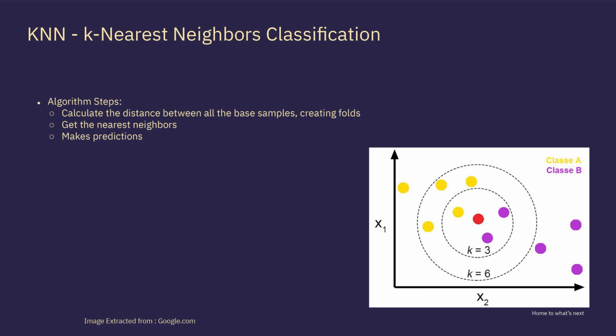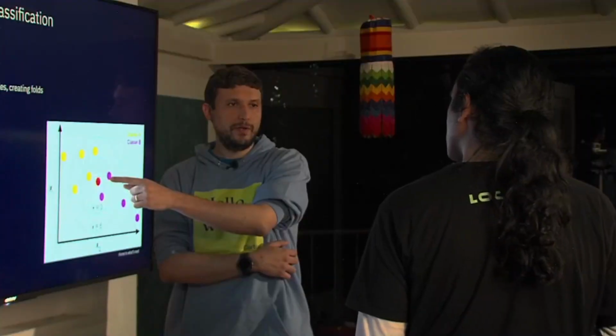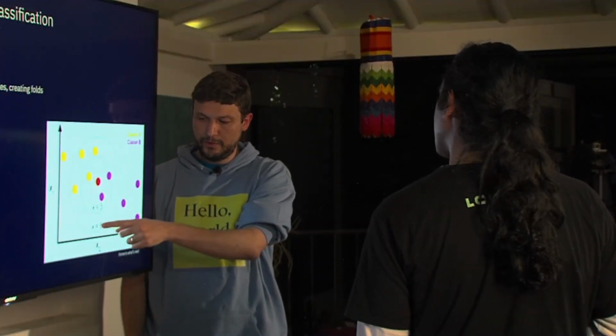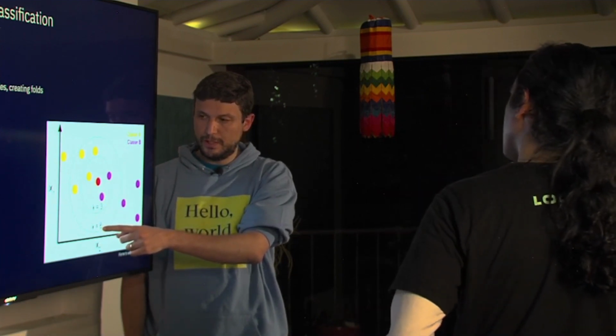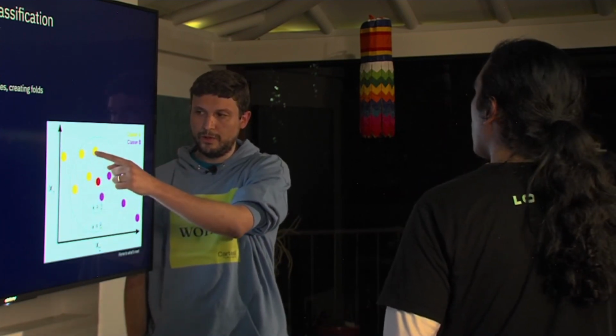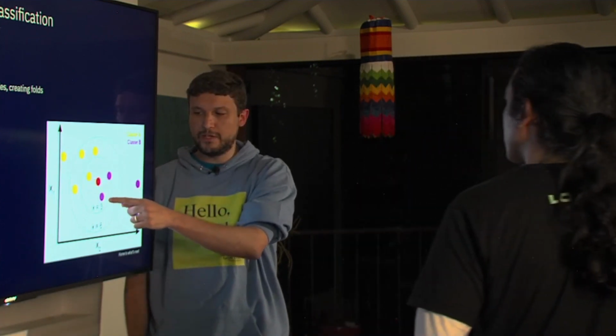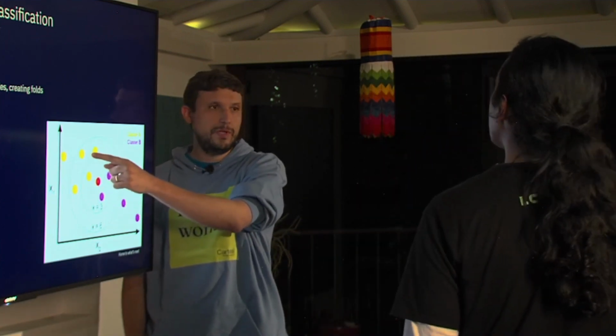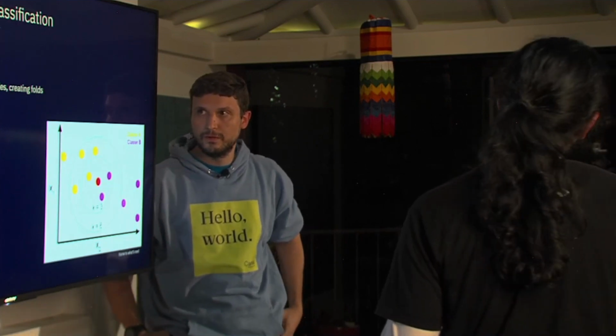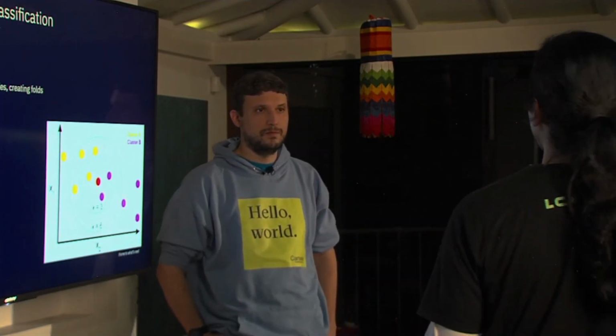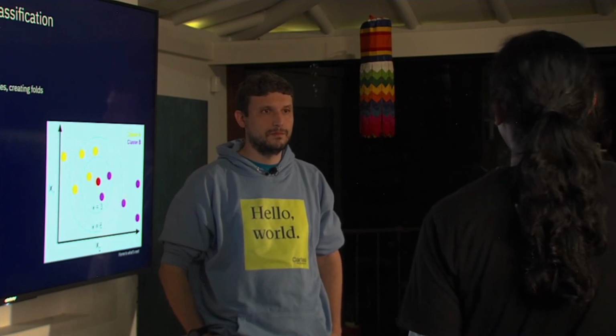That is more like what the technique will be doing behind the scenes. So in here, with this radius, it will be classified as purple, right? Because most elements we have here are purple. But if you increase the radius to 6 neighbors, then we have more yellow samples, and the classification would change from purple to yellow, right? And with that, we can make some benchmark studies on the dataset.